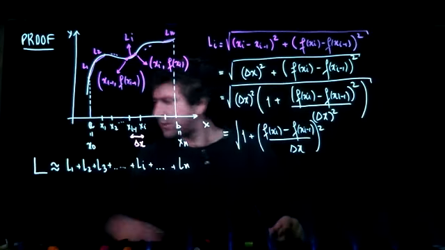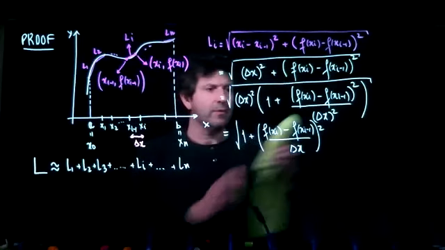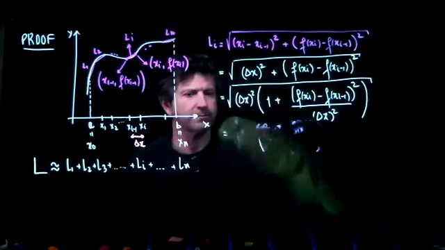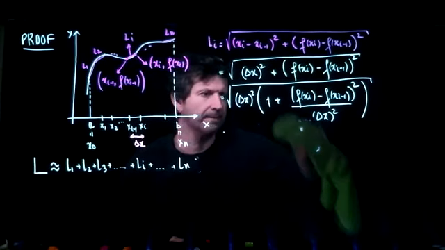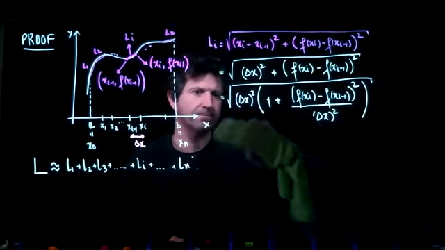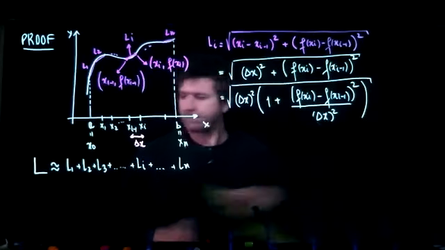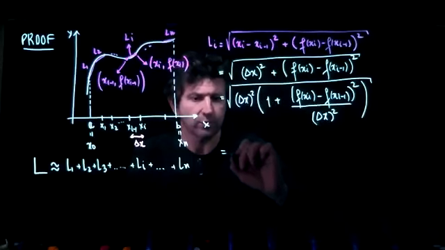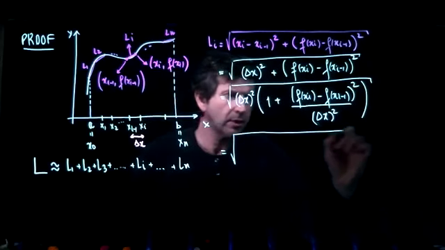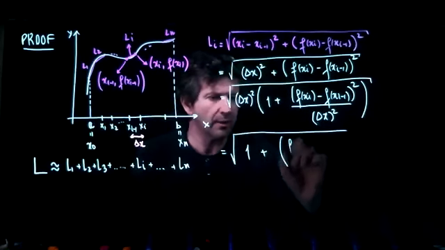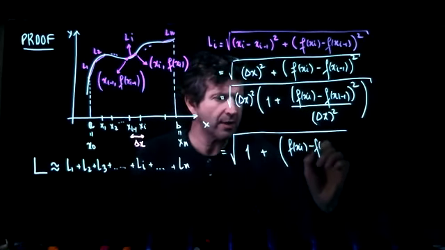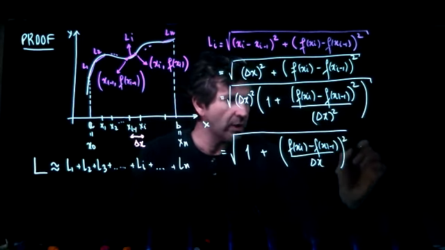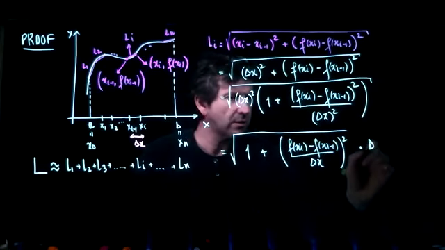I'm going to do it a bit lower because I have no space. So equals square root of 1 plus f of xi minus f of xi minus 1 over delta x, squared, times delta x.